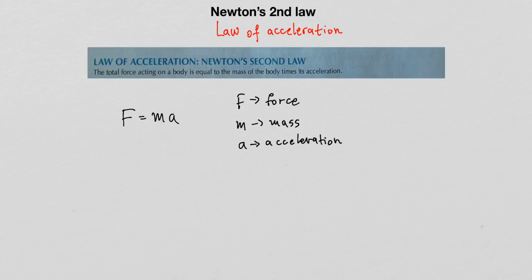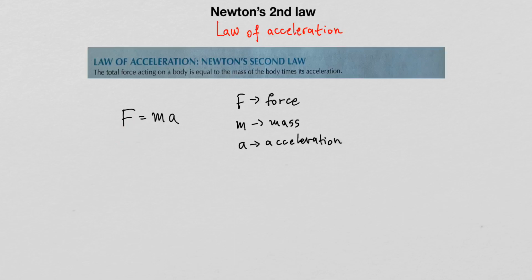So what does this statement mean? It means that for an object with certain mass, when a force is applied, that object will accelerate, will move with acceleration. So when an object is in motion and it is accelerating, that means that there must be a force acting on that object.